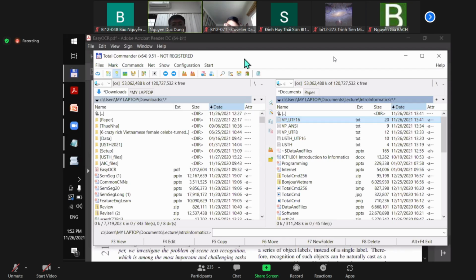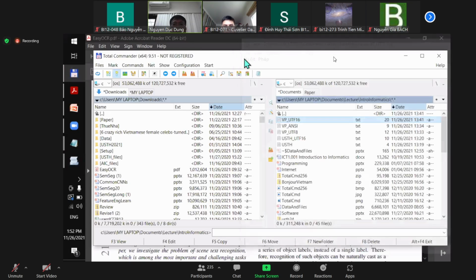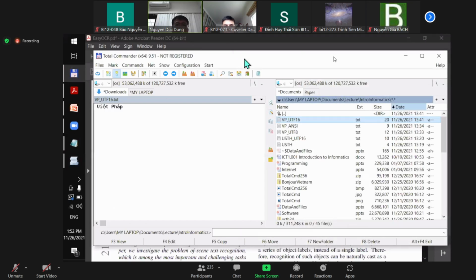For example, with the same software, for UTF-16, I just use quick view. The Total Commander internal viewer provides me exactly the content of my documents.